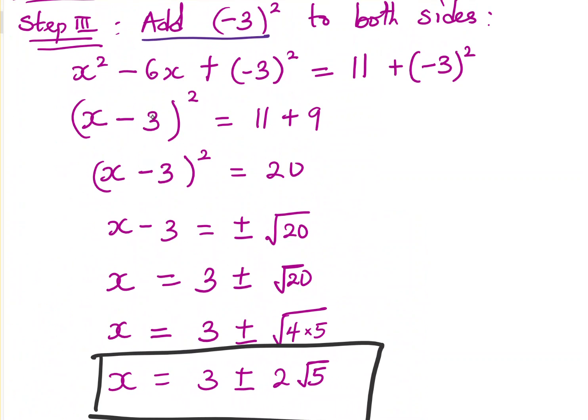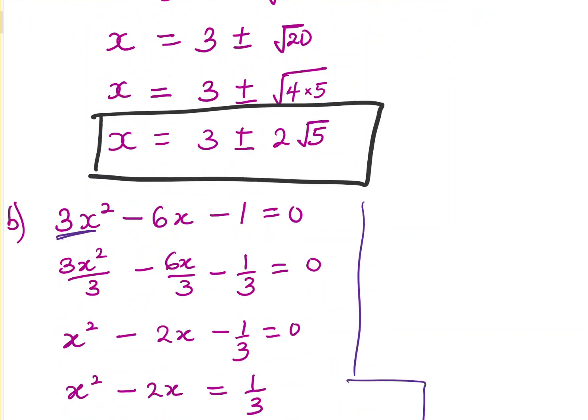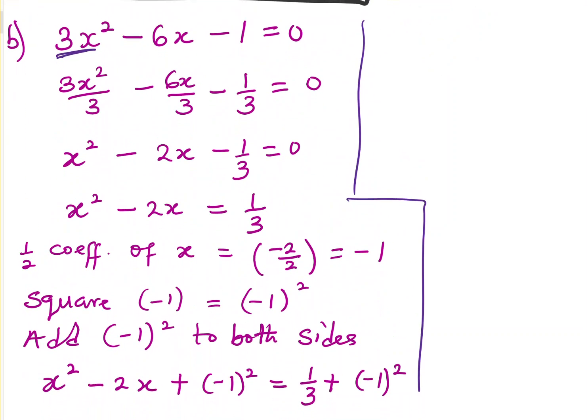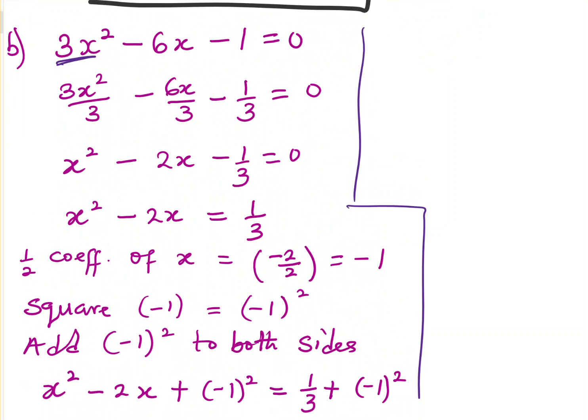And you see how we combine this to have this form. So we will do the same thing at this point, and what we do have now is x, then the sign with this number, that is negative 1, all squared, equals 1 divided by 3 plus, again, this is negative 1 all squared, which becomes 1.